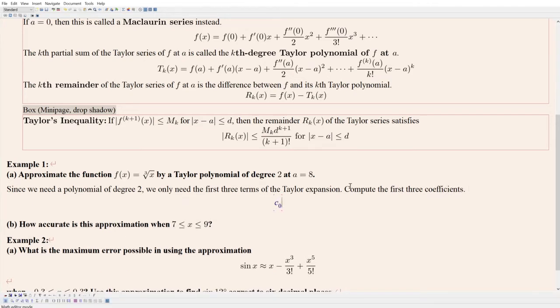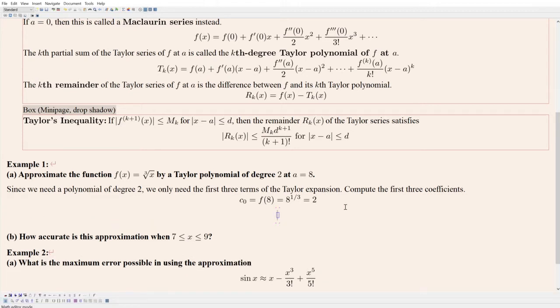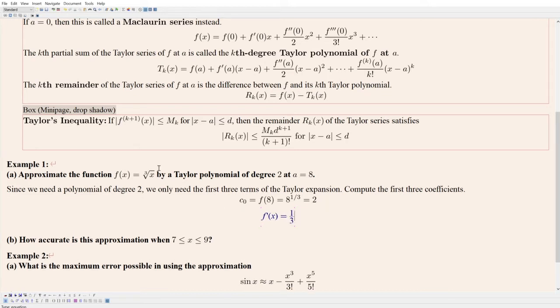So c sub 0, well, that's the value of the function at the center point. So that's the cube root of 8, which is 2. Okay. Next, we have to start taking derivatives. So this is x to the power 1/3, and 1/3 minus 1 is minus 2/3.